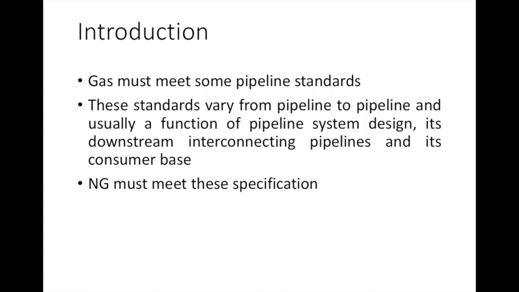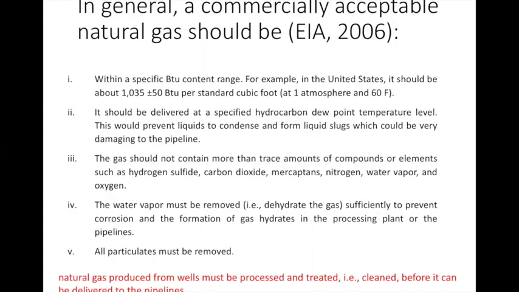So the pipeline requirement as well as the BTU requirement are very necessary for the design of the separator, right? And whatever natural gas is flowing through these pipelines must meet certain specifications, and accordingly these components need to be separated from the natural gas, right? I am discussing this just to recapitulate what we discussed earlier.